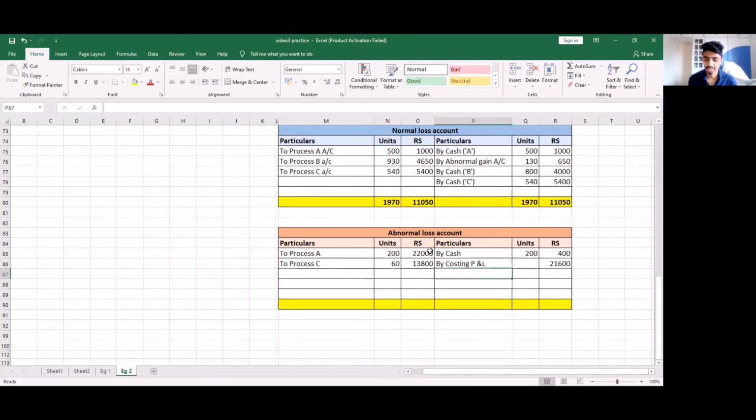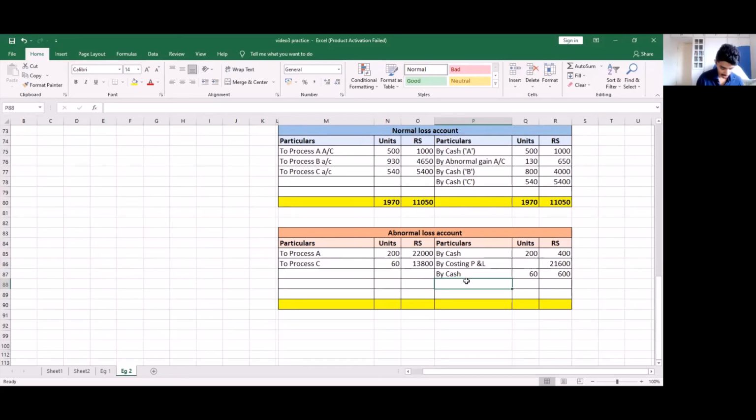Similarly, we will do the same for our process C. So we realize a scrap value of 10 rupees for 60 units. So this is going to be 60 units valued at 600. Now the remaining loss is going to be borne by the business and transferred to our costing P&L account.